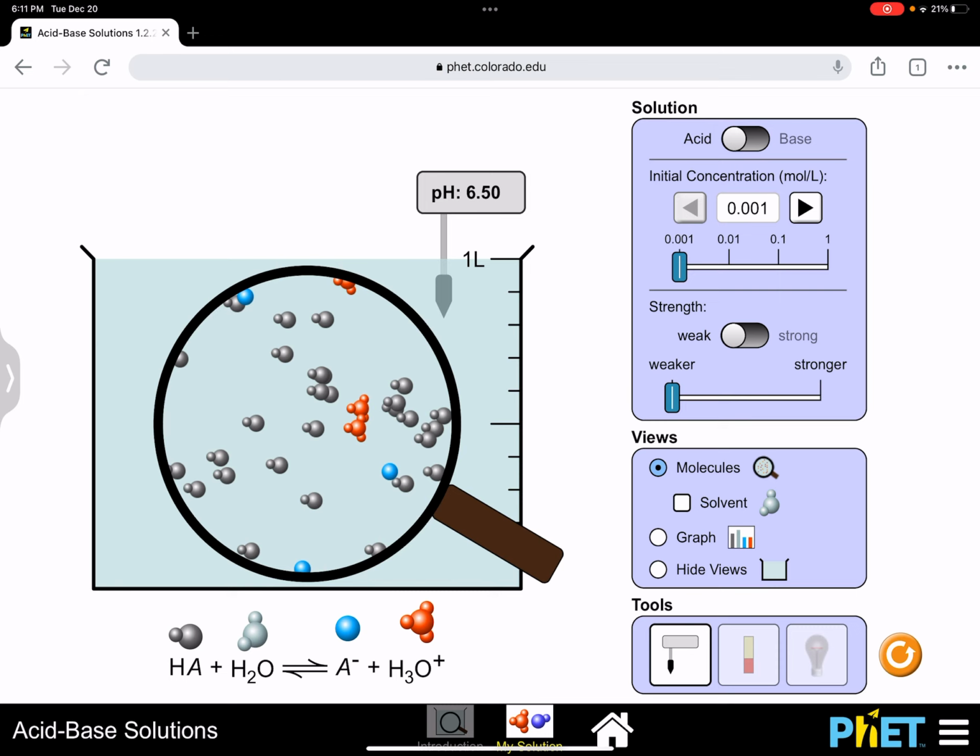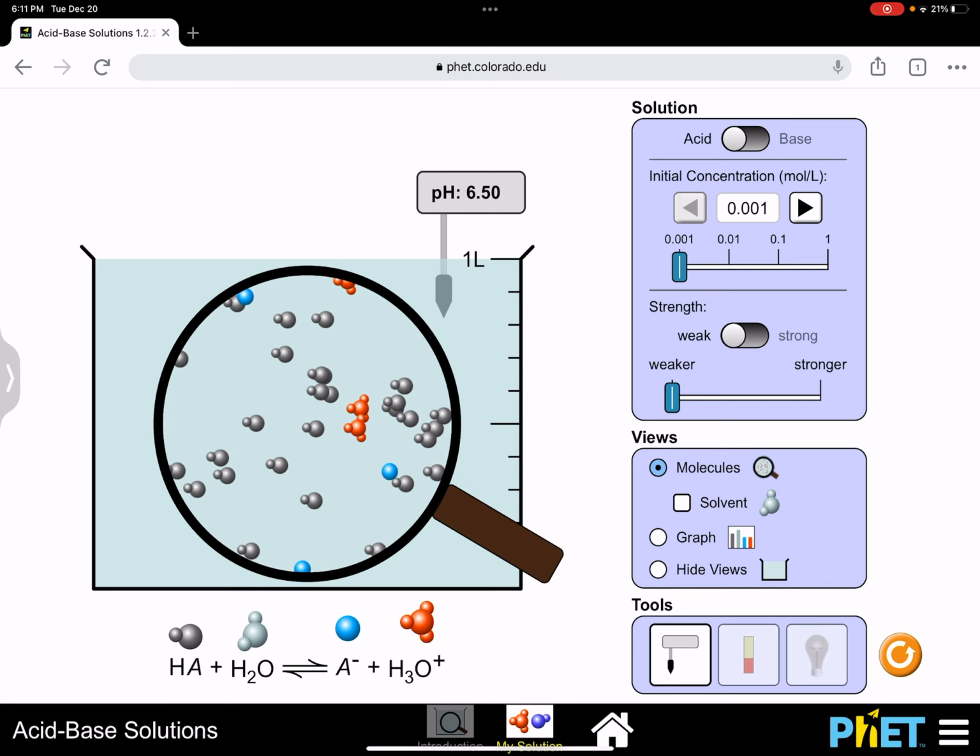This other one lets me increase the strength of a weak acid to a strong one. So I want to make sure you know what you're looking at first. Right now, the gray HAs are a weak acid, and weak acids do not break apart into positives and negatives like the strongs do. But what I can do, and you can't really do this in real life, is make that weak acid become stronger and stronger so you can see it breaking apart.